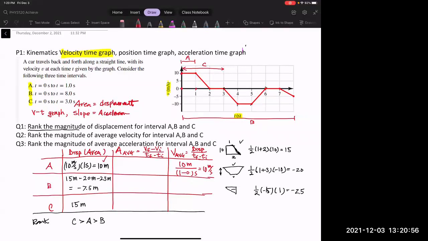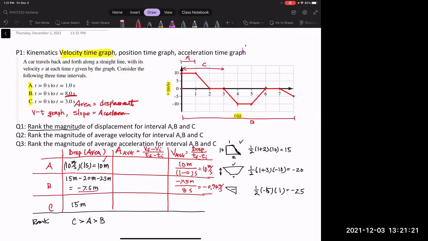Similarly, if you do the B, the displacement is negative 7.5. And how much time does it take? It takes 8 seconds. And that is the average velocity for this one here. That will be negative 0.94 meters per second.